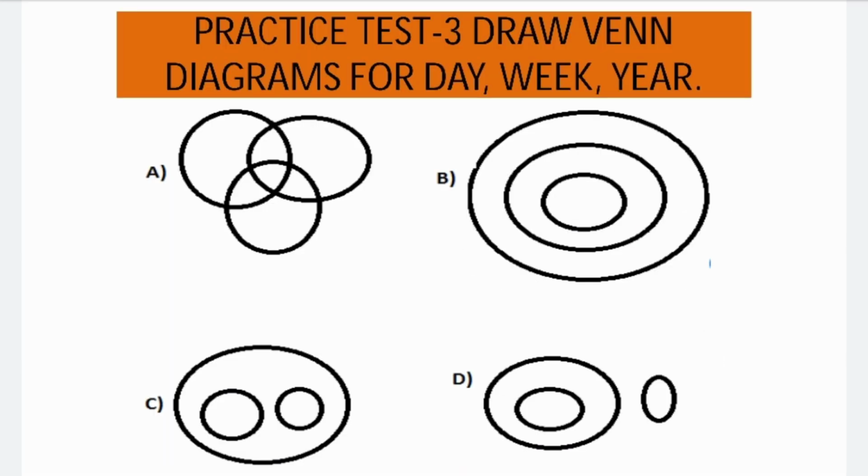So coming to the third question, draw a Venn diagram for day, week and year. I'll give you only 5 seconds.